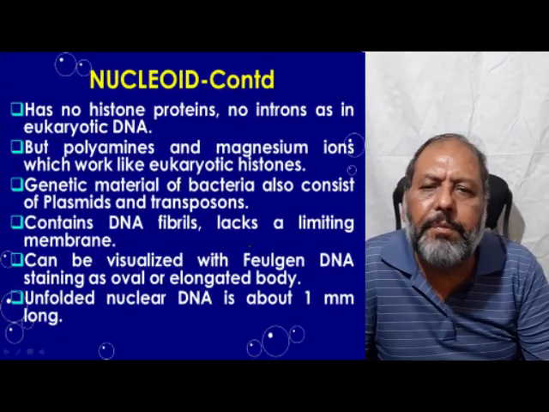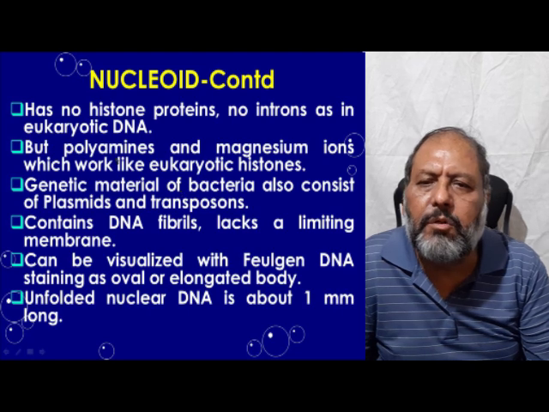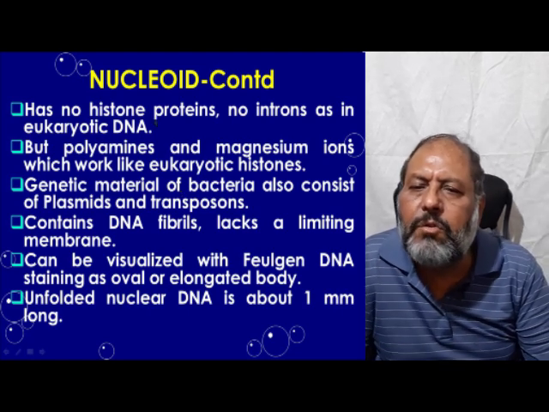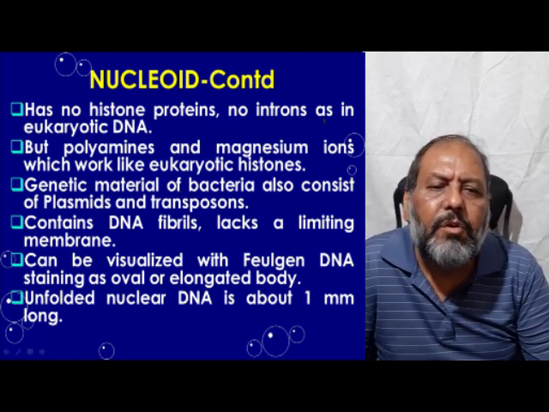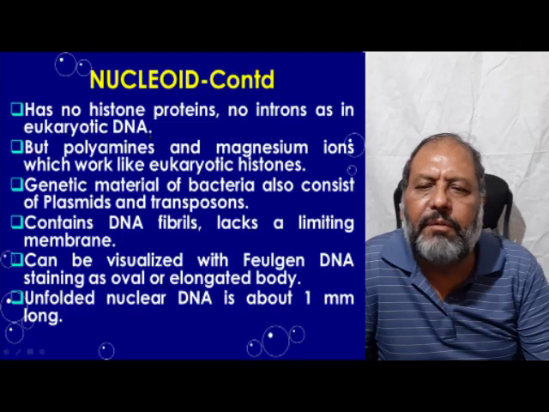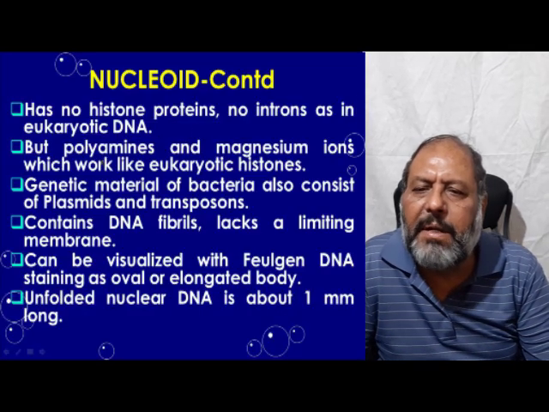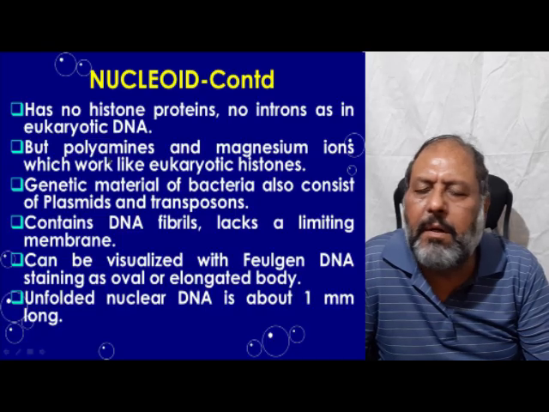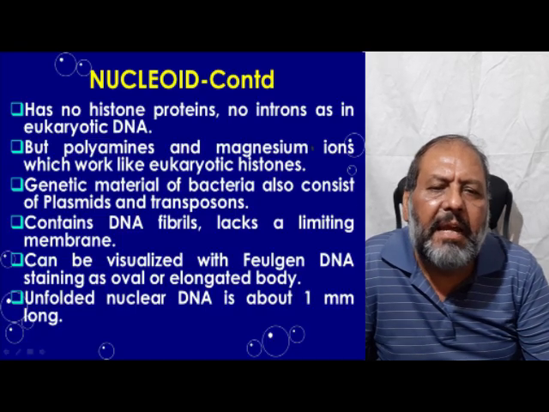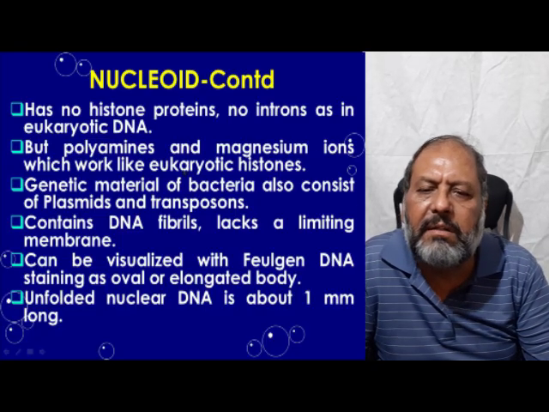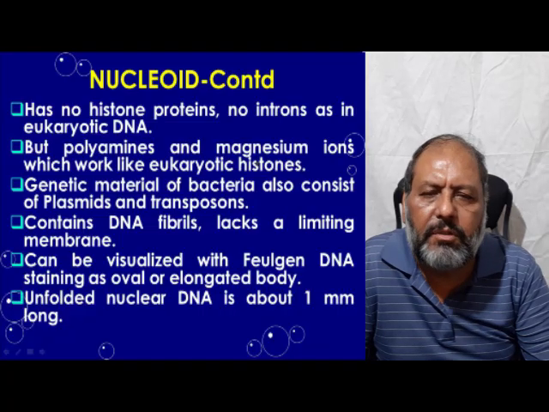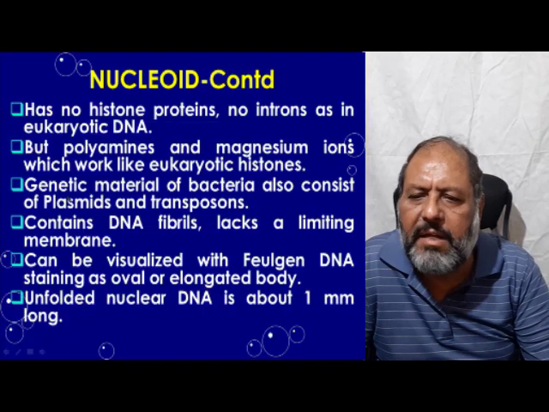It has no histone proteins, no introns as in the case of eukaryotic DNA. So these are deficient, but polyamines and magnesium ions, which work like eukaryotic histones, are present in the bacteria.